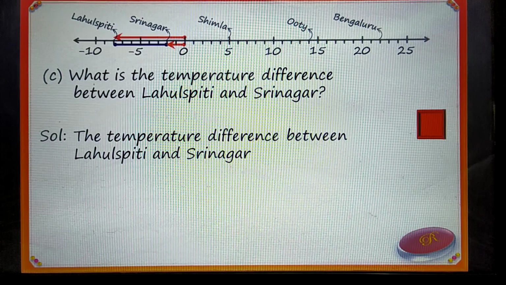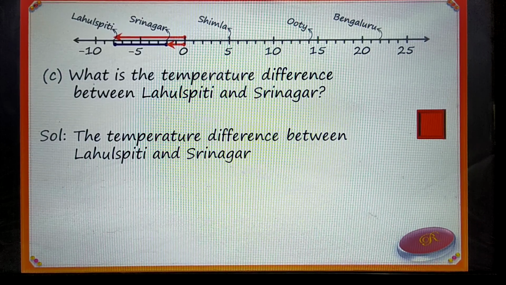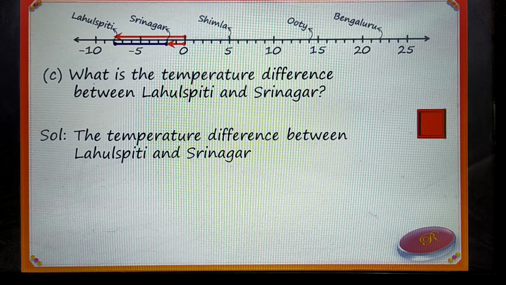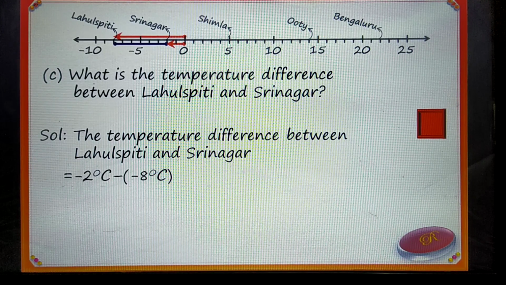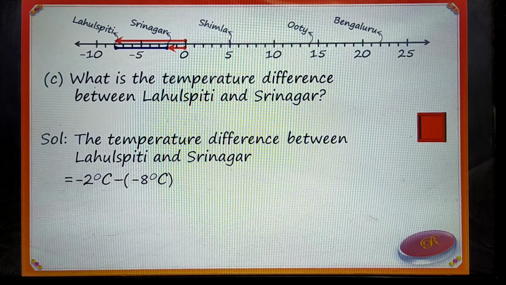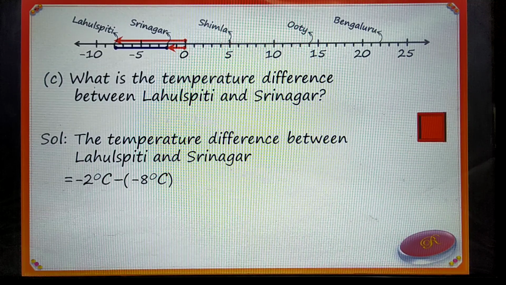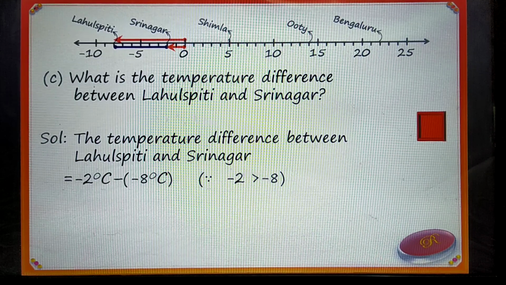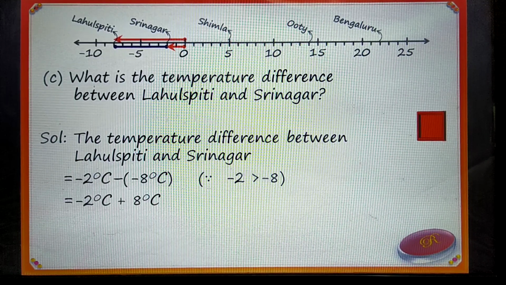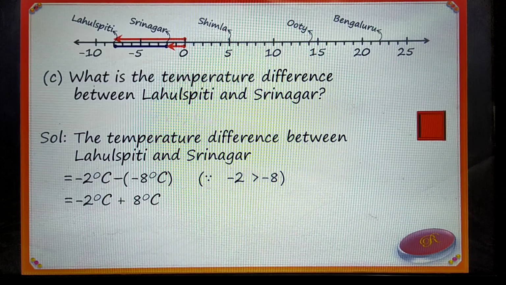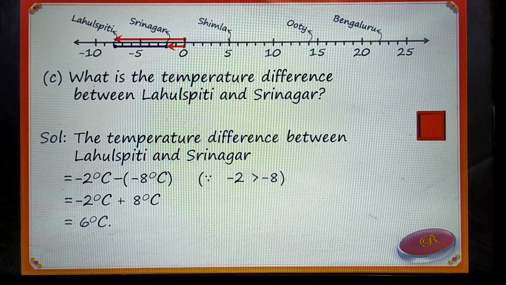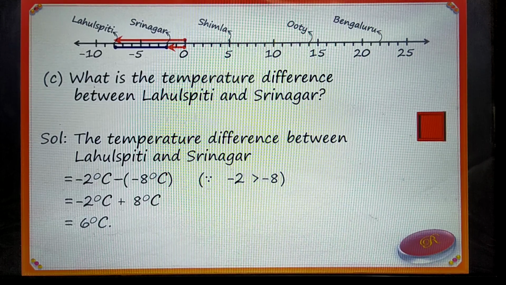Therefore, the temperature difference between Lahaul Spiti and Srinagar is equal to minus 2 degrees Celsius minus of minus 8 degrees Celsius, which is equal to minus 2 degrees Celsius plus 8 degrees Celsius, which is equal to 6 degrees Celsius.